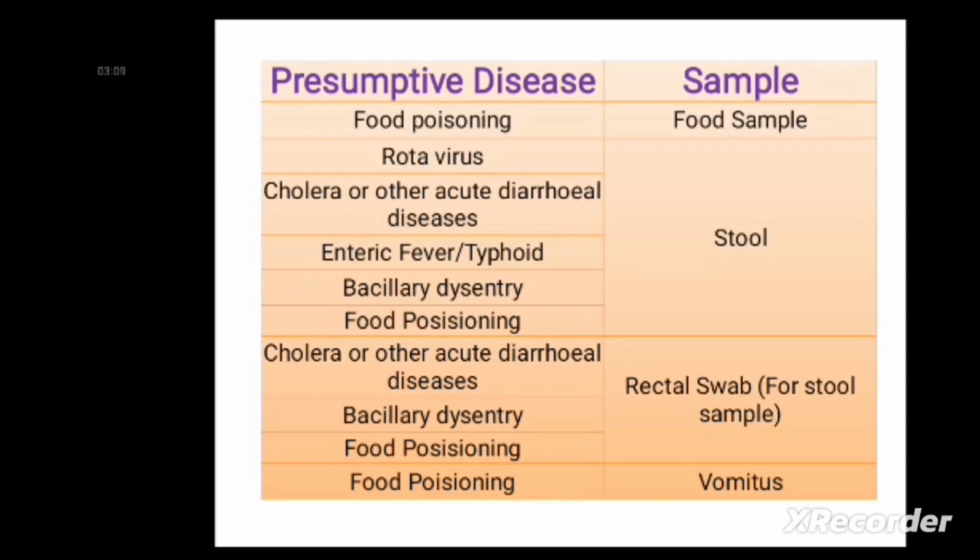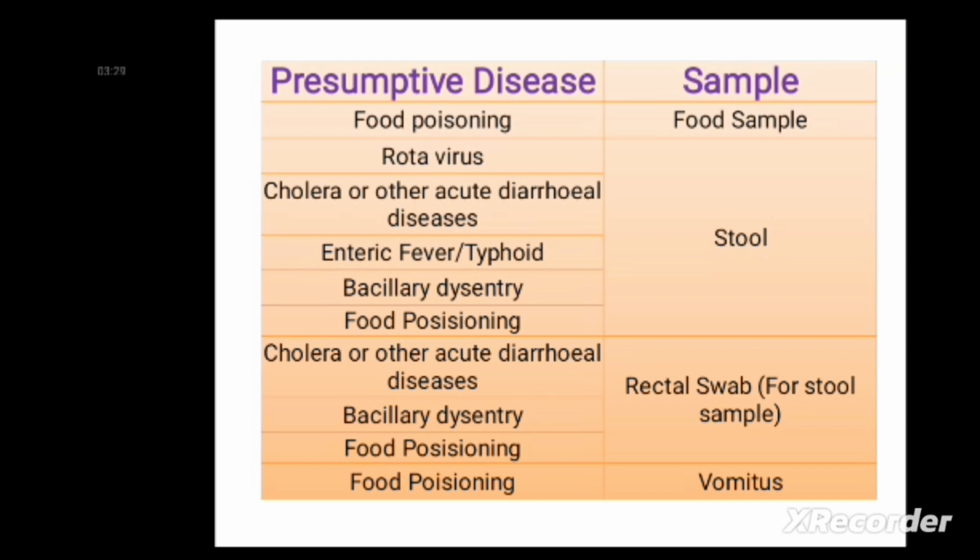For diagnosing food poisoning, food sample is collected and sent to the respective lab for testing. Food poisoning is the illness which is caused by eating food which is contaminated with bacteria, viruses, parasites, fungi or toxins.